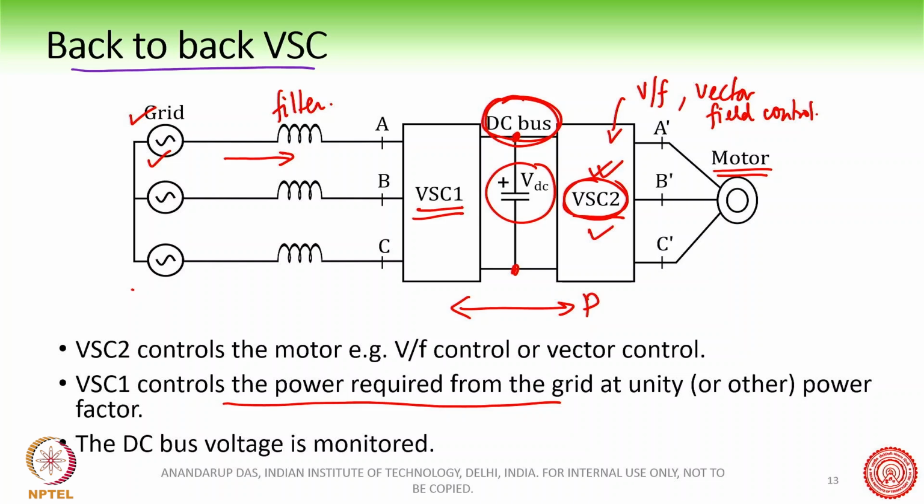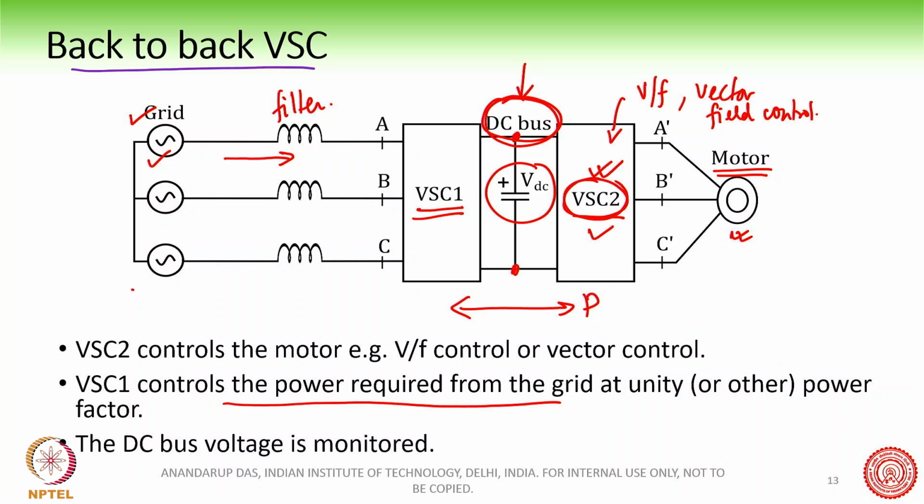Remember the motor is basically consuming, so under normal condition the motor is absorbing the power. So when it absorbs the power, the first impact of that will be on this DC bus. Because you are taking the energy from the DC bus into the motor, the DC bus voltage will fall. The stored energy in the capacitor will start to fall.